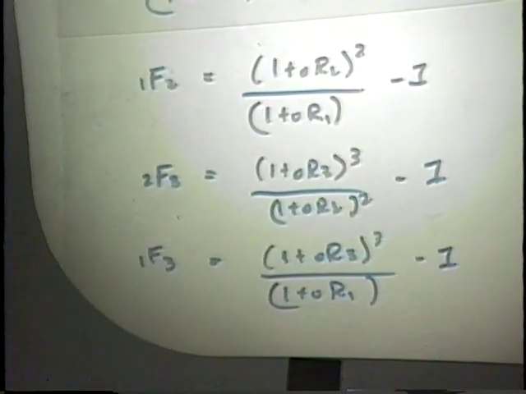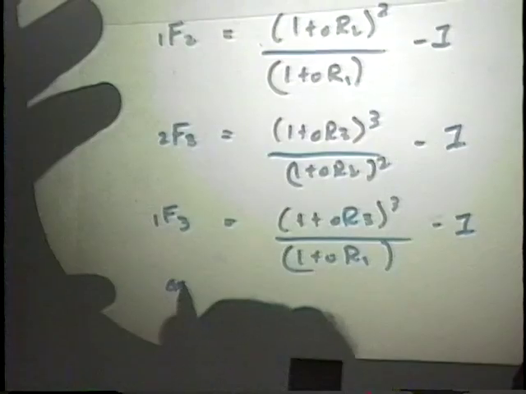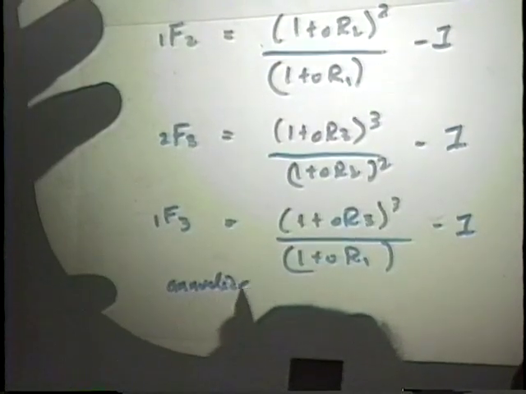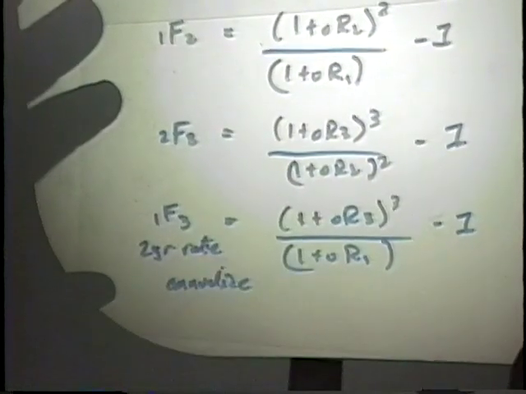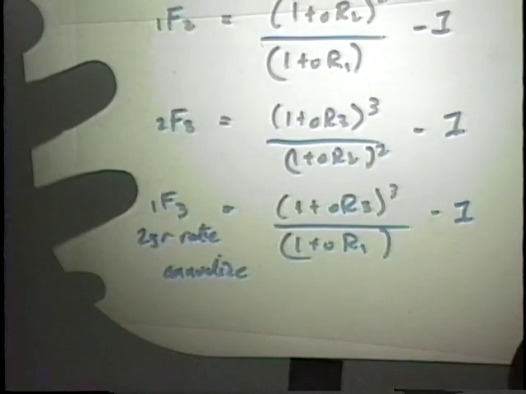You should be able to work that out. I think it's pretty easy, because you're given all the interest rates. It's just a matter of manipulating that formula. Everything's annual. If we want to annualize this one, because this is a 2-year rate, we basically take the square root.